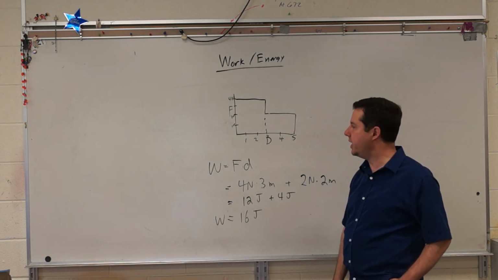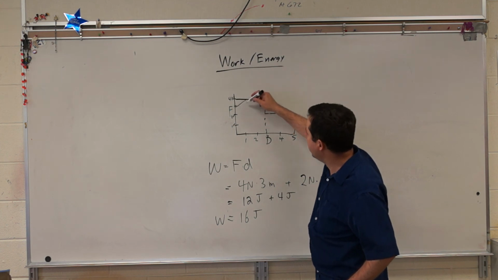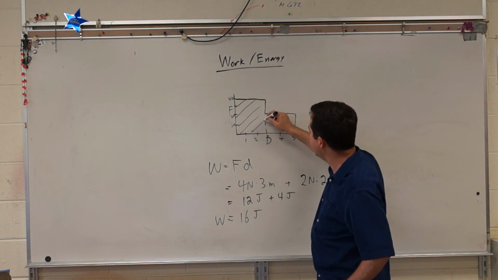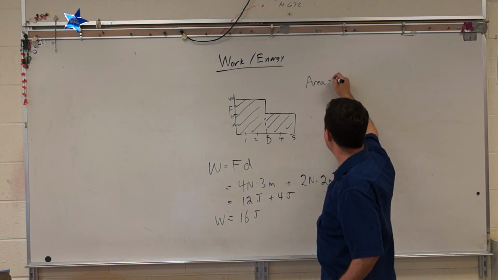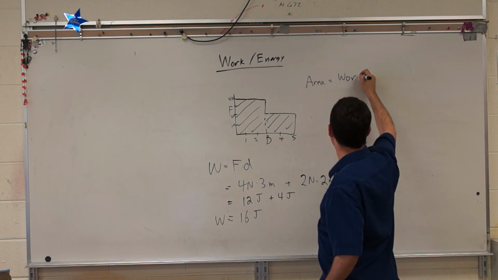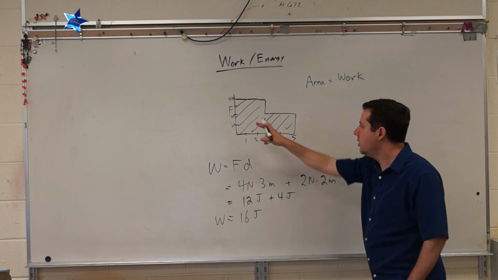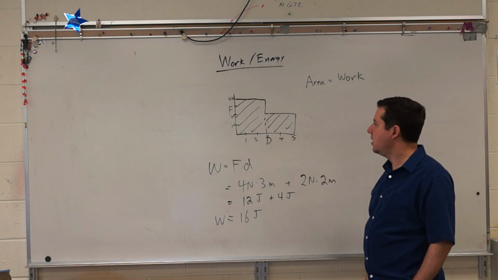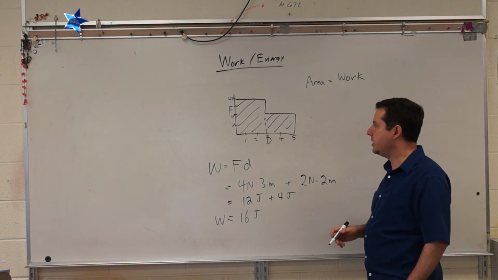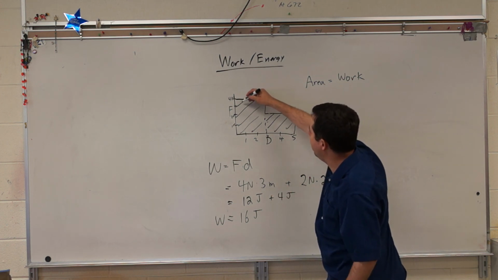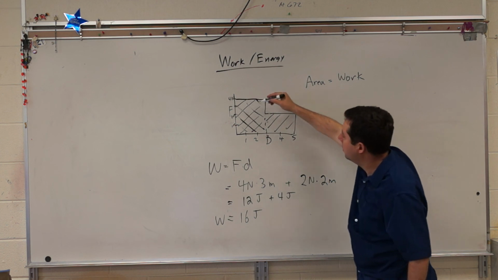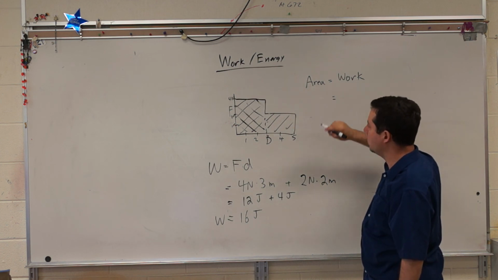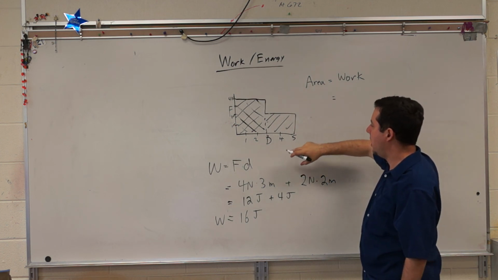You can actually do it in the same way by looking at the area under this and say, hey, the area of this geometrical shape is equal to the work that you did, the force times distance. And you end up getting the exact same result, because the area of this one right here is equal to its height times its base.